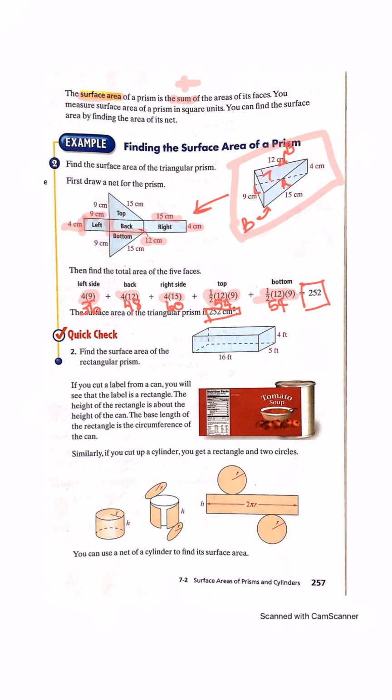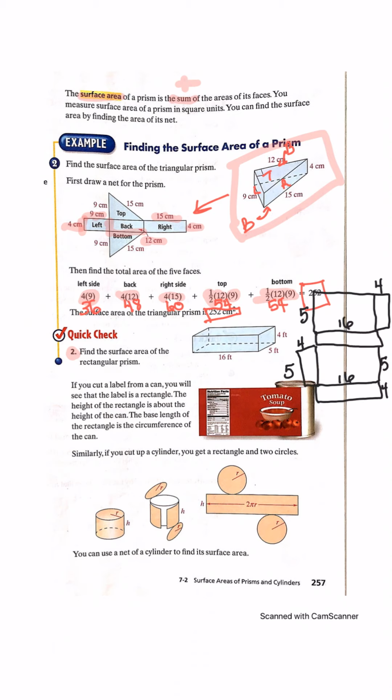Okay, go ahead and see if you can figure out how to find the surface area of the rectangular prism for number 2. Press pause, do some work, come back to me. Okay, so this was the figure I came up with. Sorry, it's not fabulous. So what I did is I took the top.